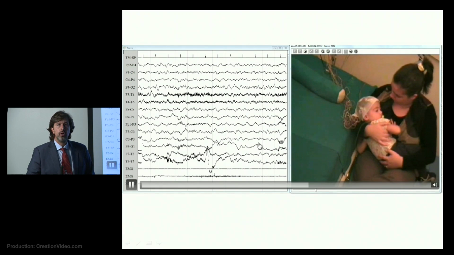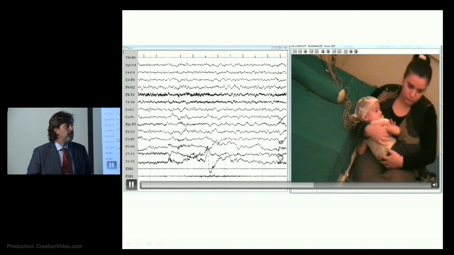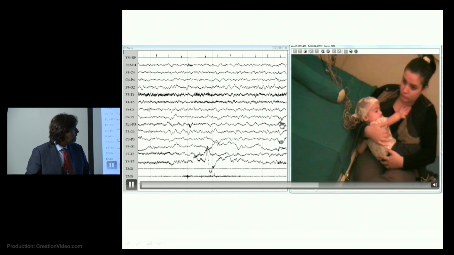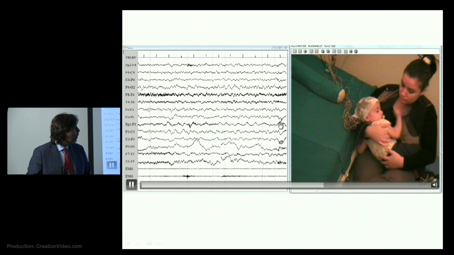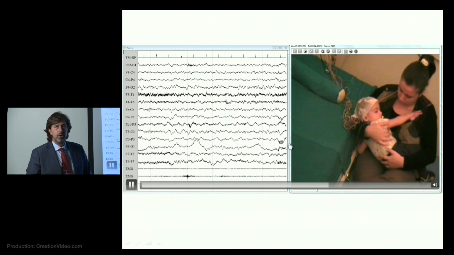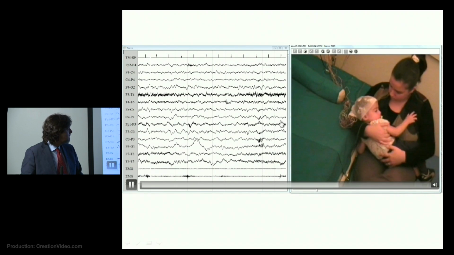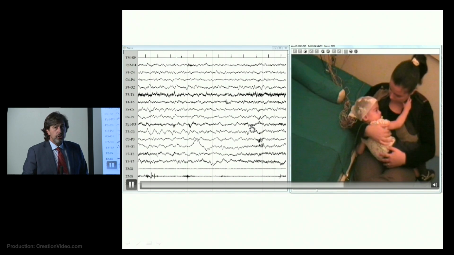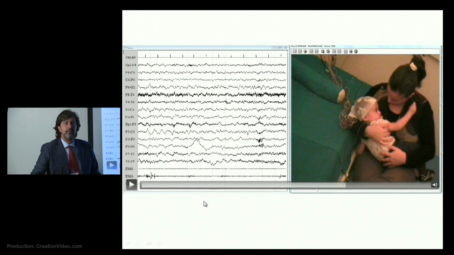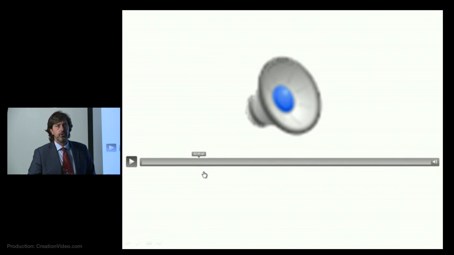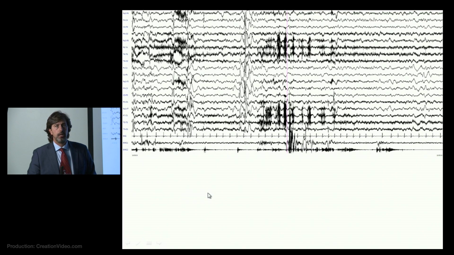Here, another one. That is what we usually see in focal cortical dysplasia when we record the spasms. So it's quite a nice picture of this condition.